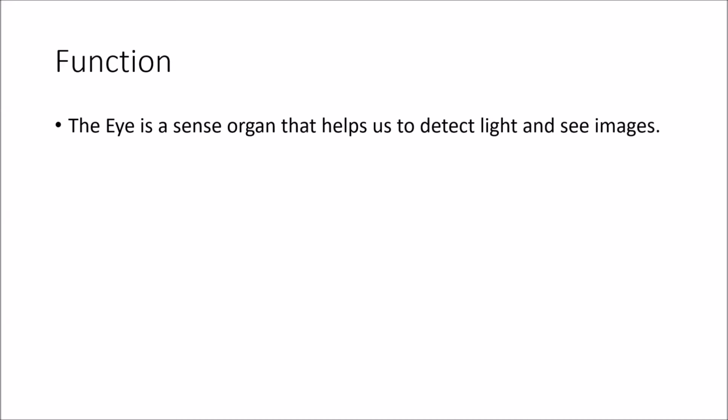Whenever this light shines on an object, and then that light goes into our eye, the eye is designed to help us to see that object that the light would have just bounced off. Okay, so the function of our eye is that it's a sense organ that's going to help us to detect light and see images.